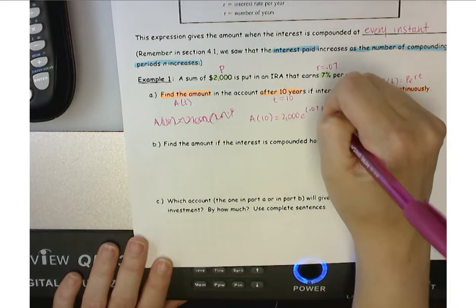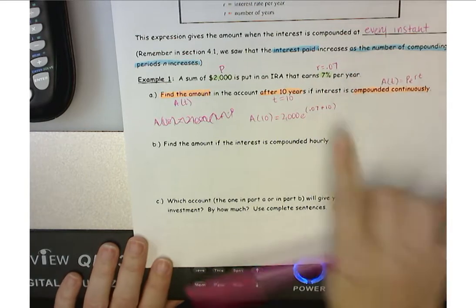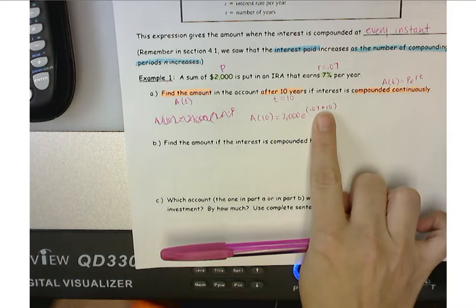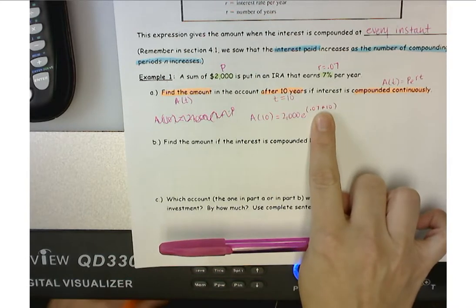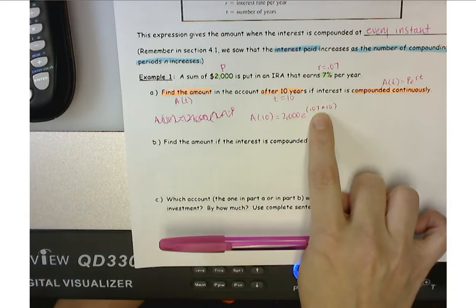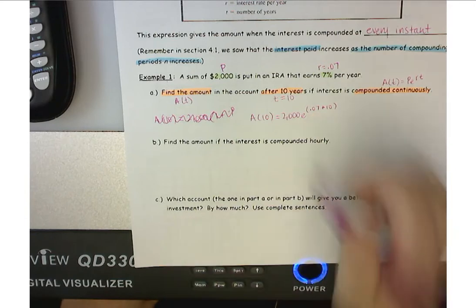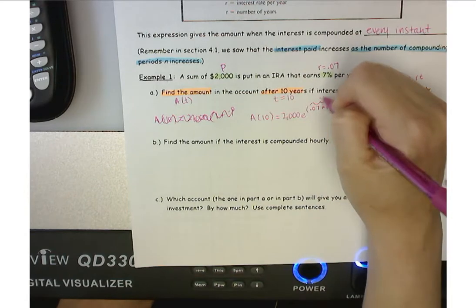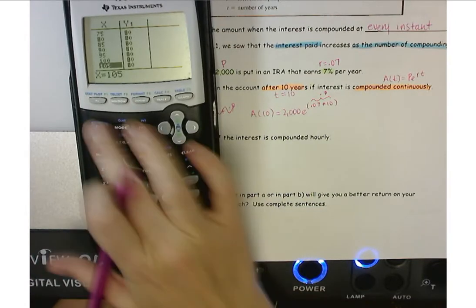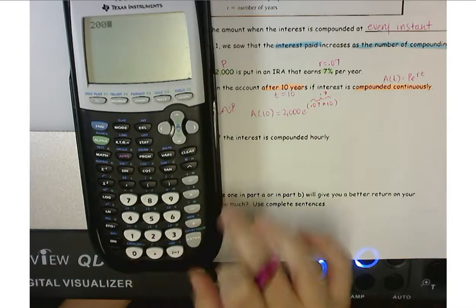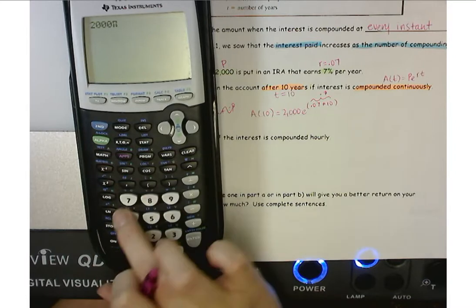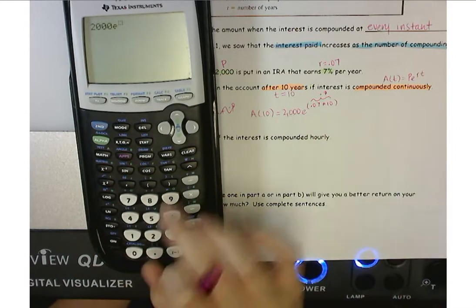0.07 times 10. And I'm writing the multiplication like that because if you're putting that into your calculator, do not close the first parenthesis. Really, I would do this part in my head. What's 0.07 times 10? Just 0.7. You just move the decimal place over, right? Okay, so 2,000 E to the 0.7.